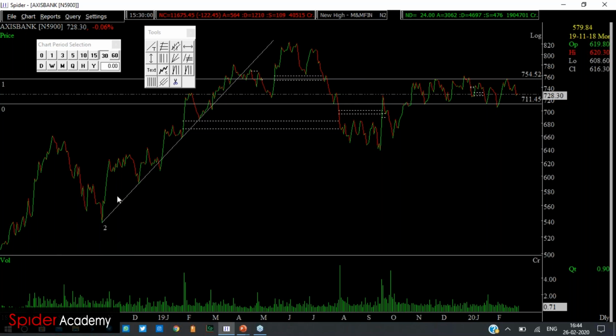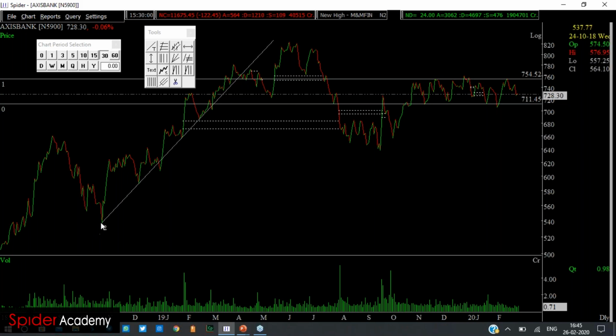So this is how you draw a trend line. And these trend lines also act as support and resistances at the bottom or at the top. Over here, every time the price has touched this trend line, it has moved up from there. See how the price has been taking support at the trend line and continuously moving up.